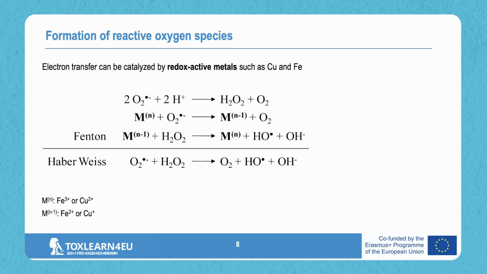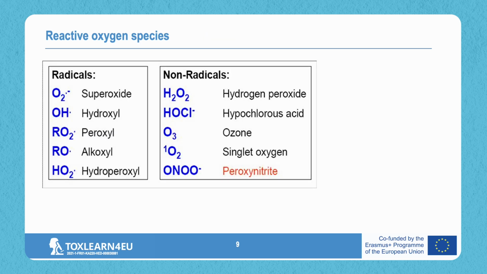Very important to mention is that redox active metals like copper and iron can also add to the production of reactive oxygen species, as you can see here by the Fenton and Haber-Weiss reaction. In this table, some examples of reactive oxygen species are mentioned.